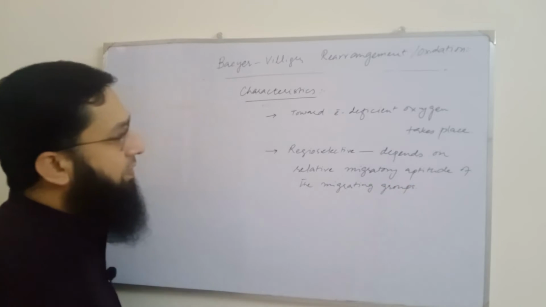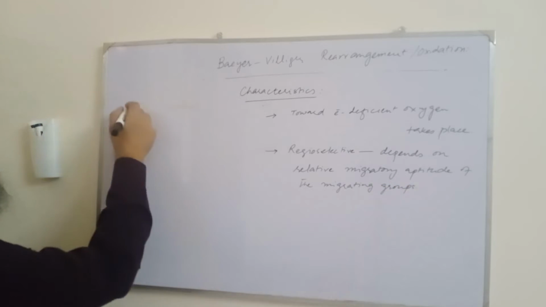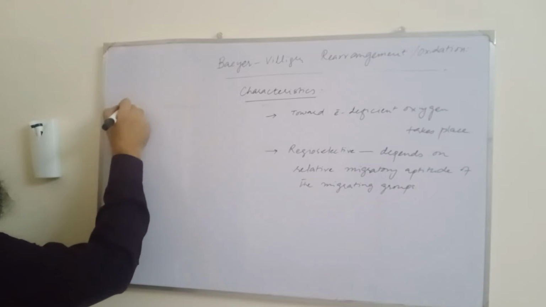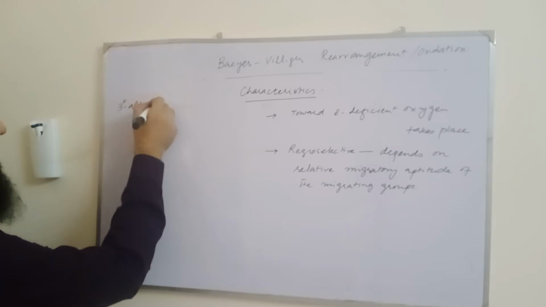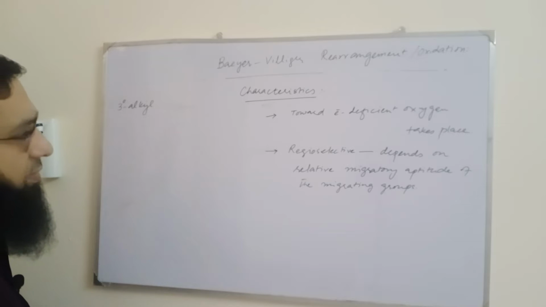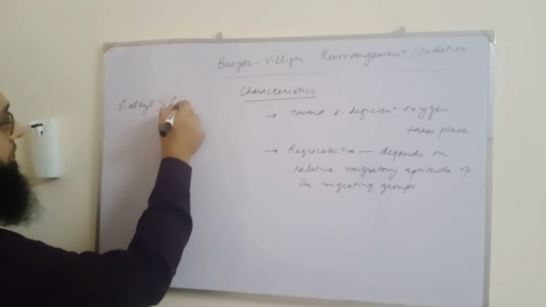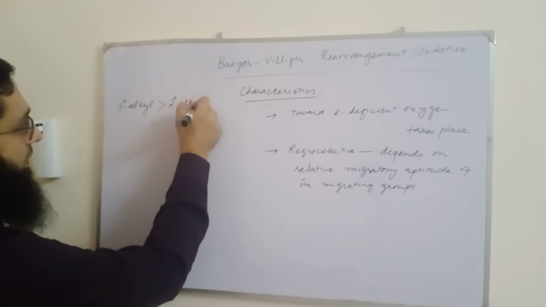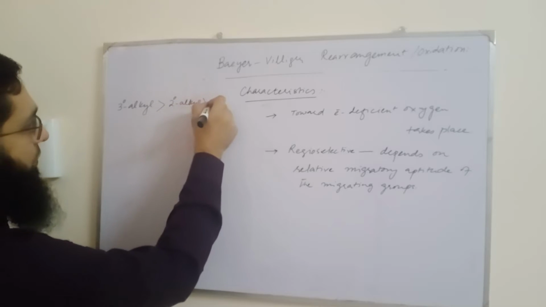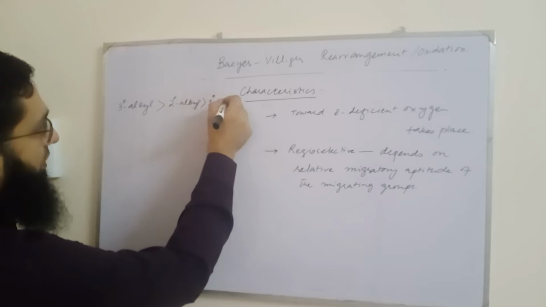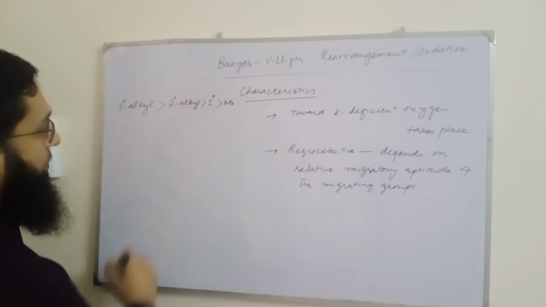If we see the migratory aptitude, in general, tertiary alkyl is better electron donating and hence a better migrating group than secondary alkyl, which is better than primary, and which is better than the methyl group.